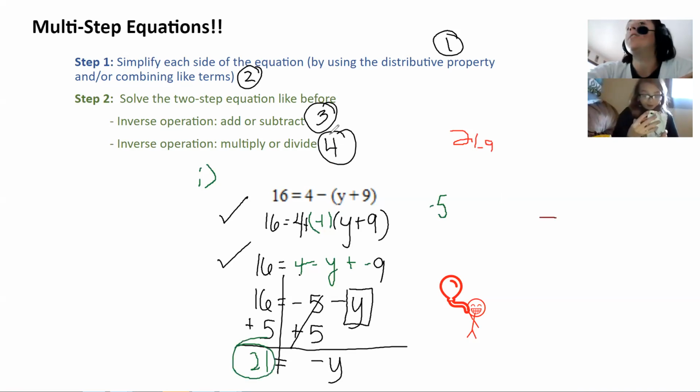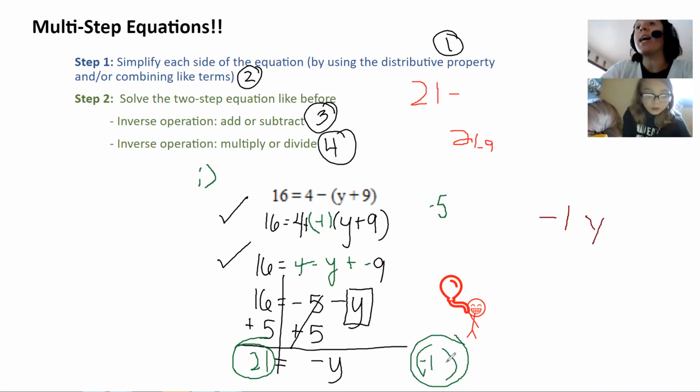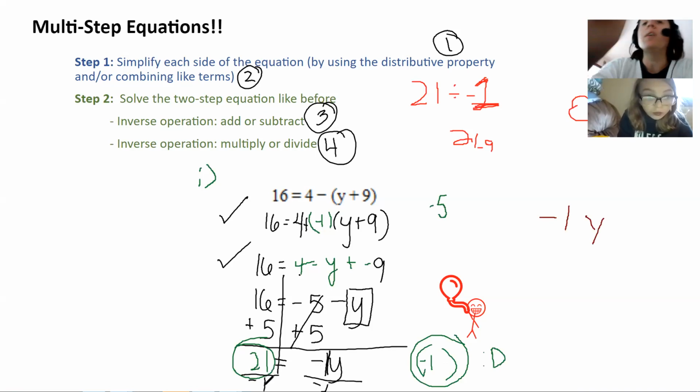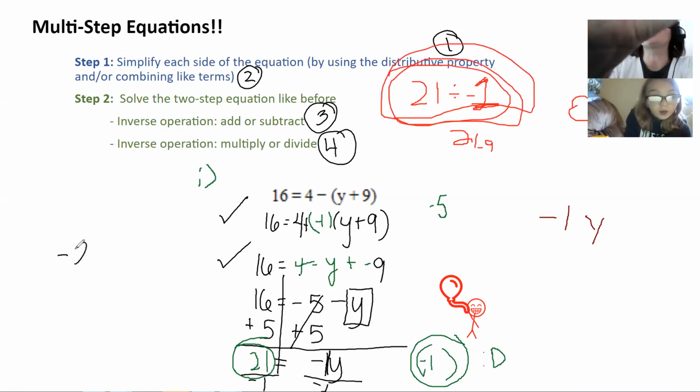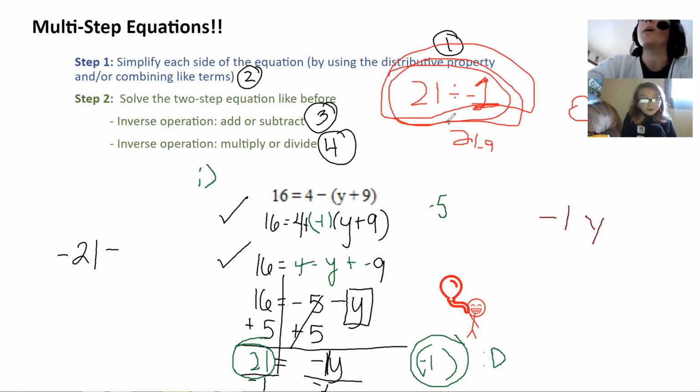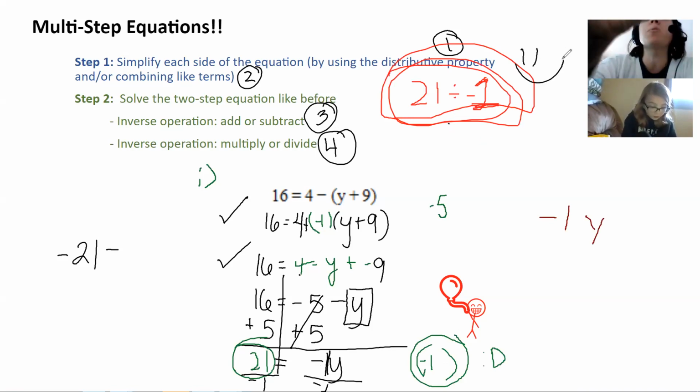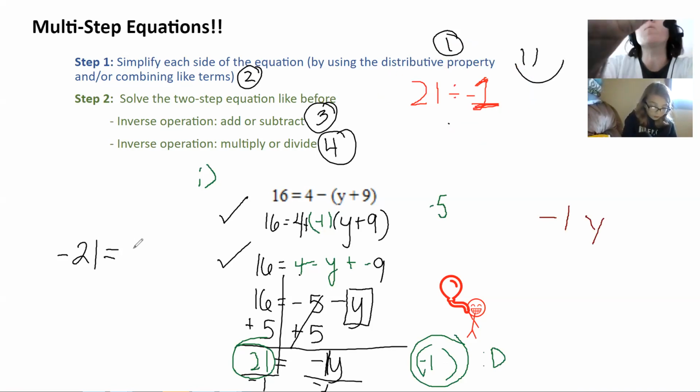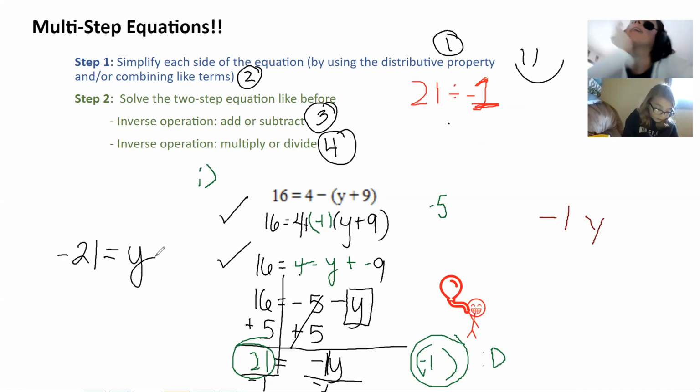I'm going to divide the 21 by something. By -1. Yeah, guys, look at this. See how it's a negative y? That means there's a -1 in front of y. So we're going to divide by -1. So we're left with -21. Good job. Yep, absolutely. -21 equals y.